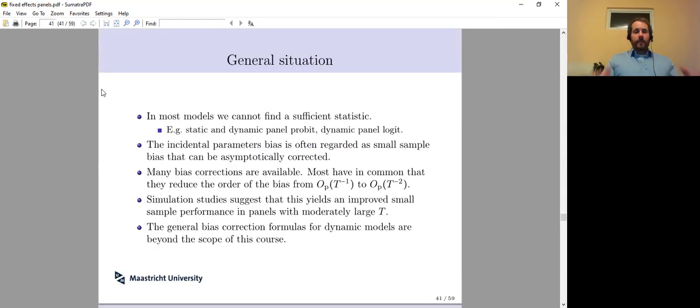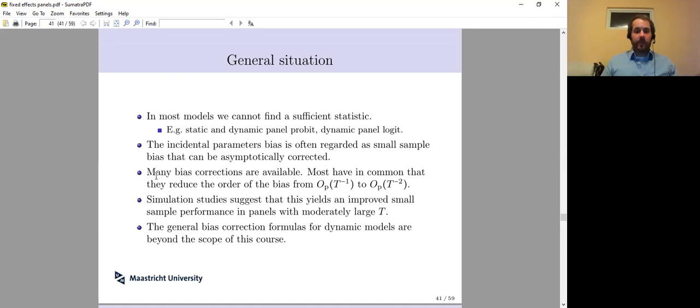Okay, so if we cannot condition because we cannot find a sufficient statistic, what do we do? Well, one thing would be to apply bias corrections, which we will discuss at the end of the slides. With bias corrections and fixed effects, we can reduce the order of the bias from 1 over t to 1 over t squared, so that the bias is removed very quickly as t increases.